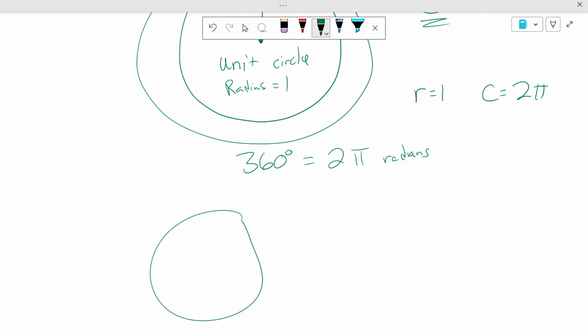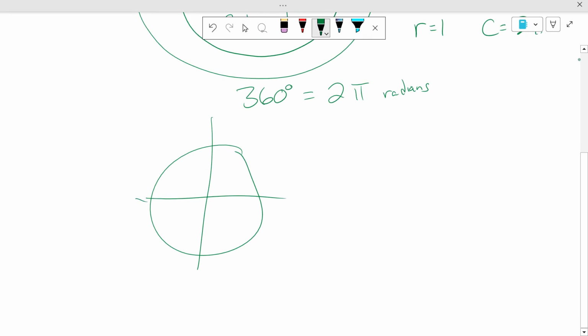So if we put the xy axis on here, okay, this is a 90-degree angle, right? So this is 90 degrees and 0 degrees. We talked about this last time. 0 degrees, 90 degrees, 180 degrees, 270 degrees, and 360 degrees when we're talking about coterminal angles.